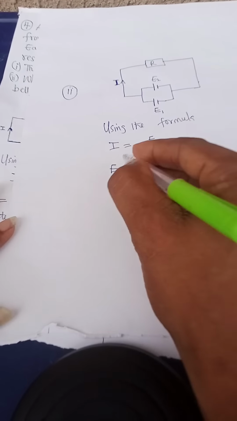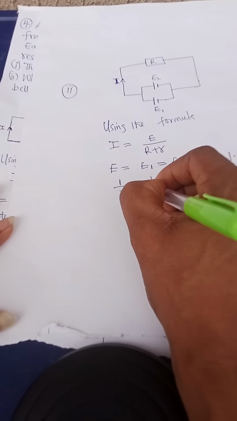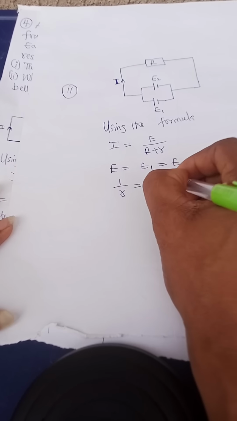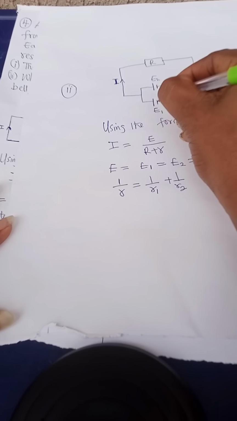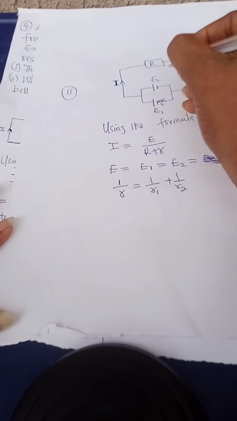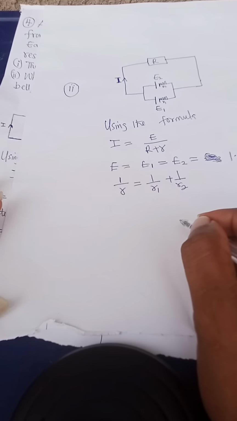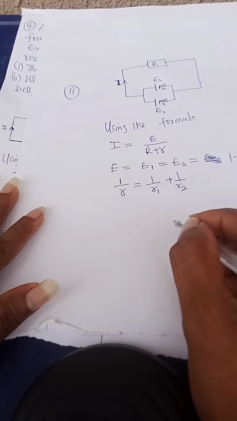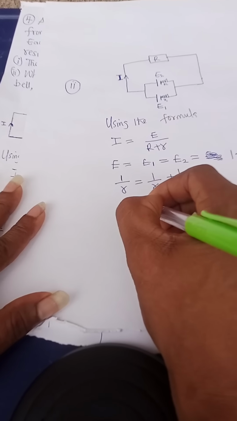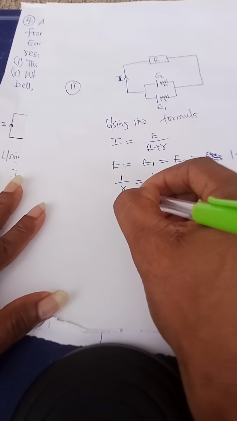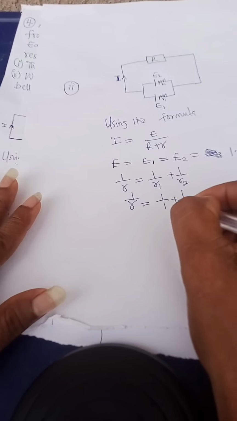And then I need to get the internal resistance by saying 1 over r is equal to 1 over r1 plus 1 over r2. This is what we have. r1, this is r2. So this will now give me that my r is equal to 1 over 1 plus 1 over 1.